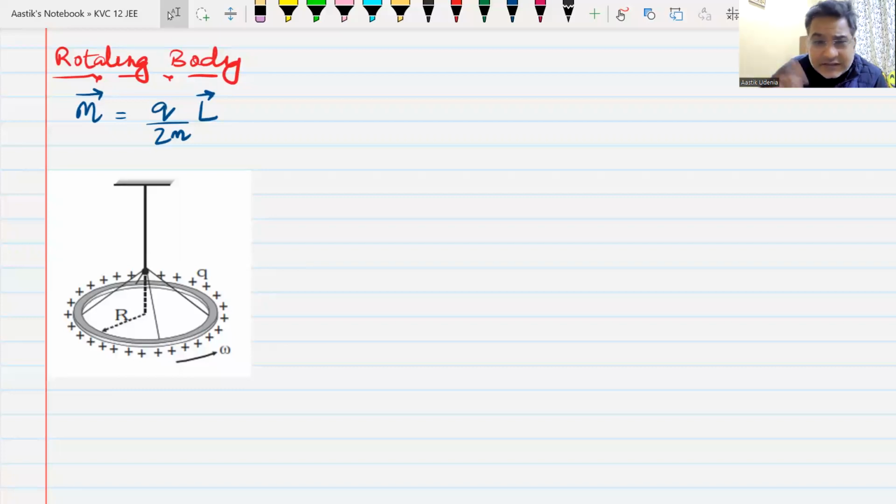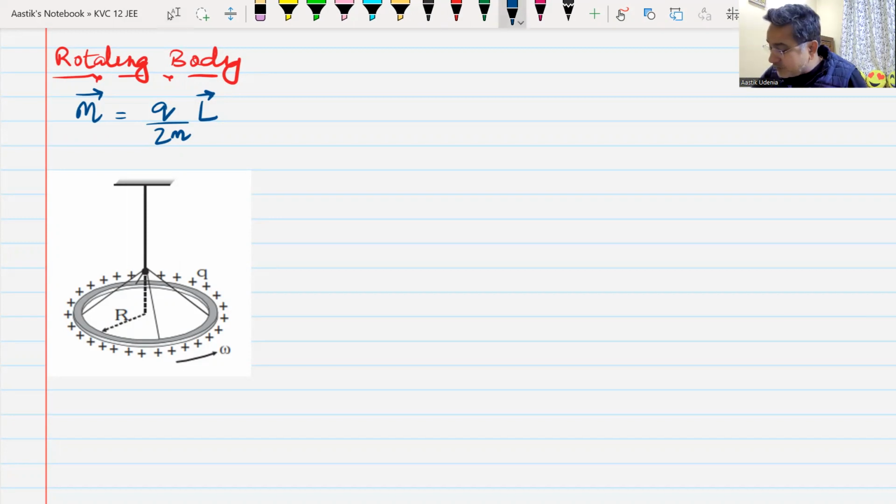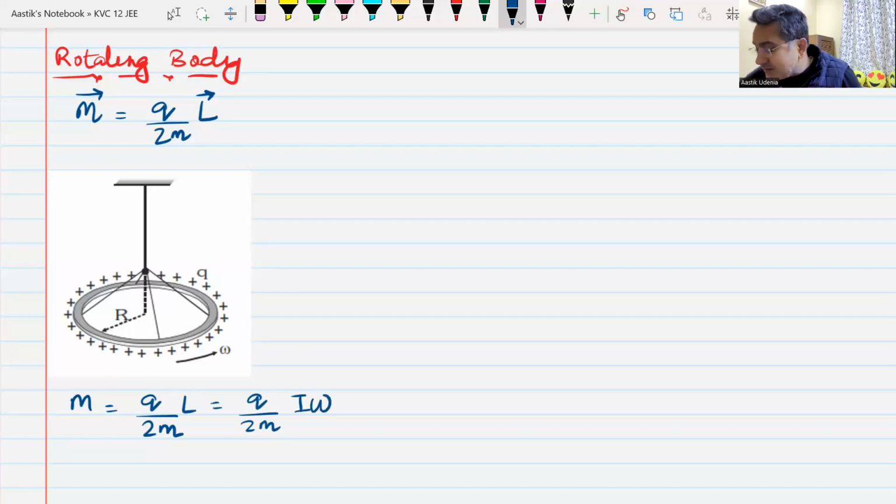Then you have, let us say, any rotating body. This is a rotating ring. If someone asks you what is the magnetic moment of this rotating ring, you can simply write this magnetic moment. They won't ask you the vector notation. It's a positive charge, it is moving like this, so you can understand that the magnetic moment will be pointing upwards. The magnitude of this magnetic moment M will be equal to q by 2m, where m is the mass of the body, multiplied by L, the angular momentum, and angular momentum is nothing but I into omega. Do you remember this I?